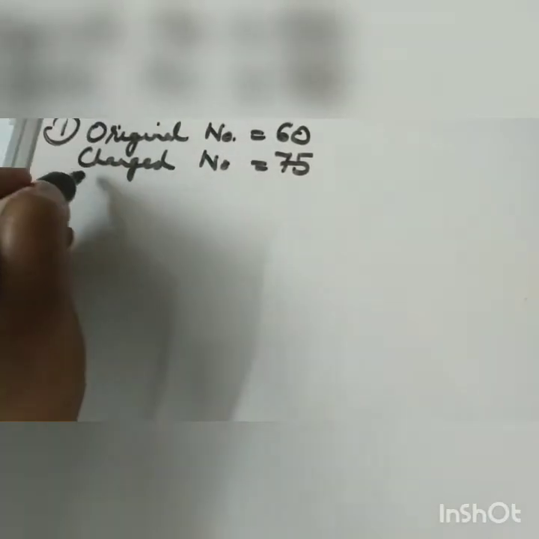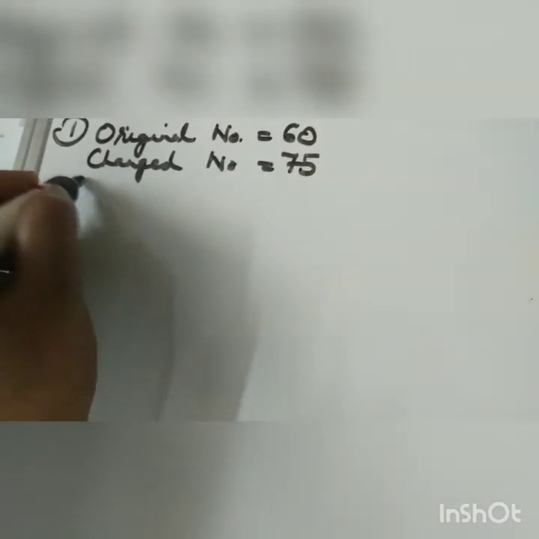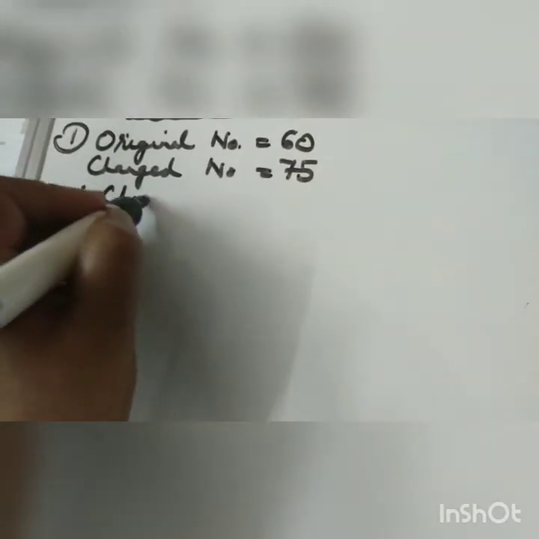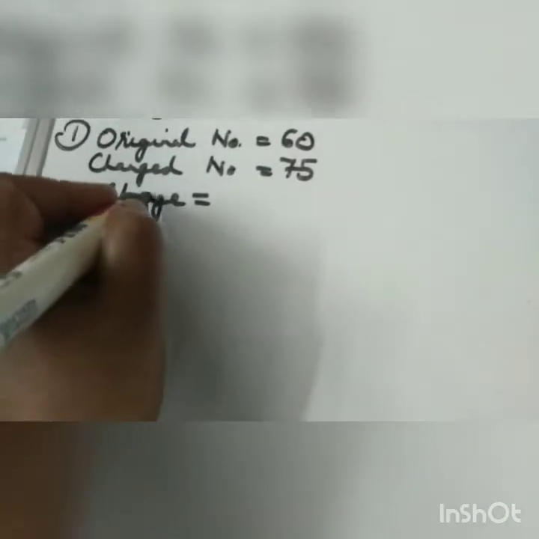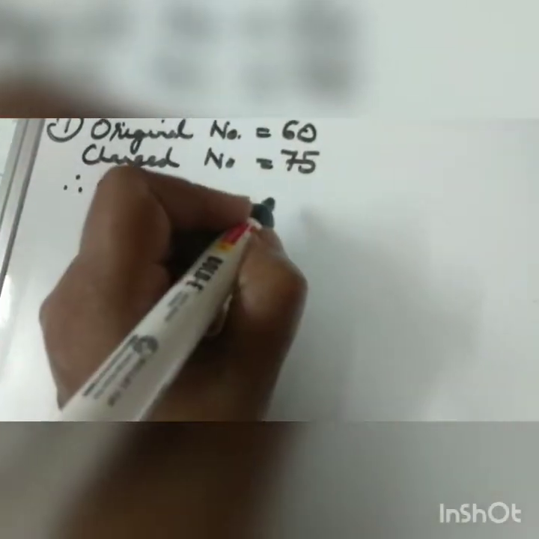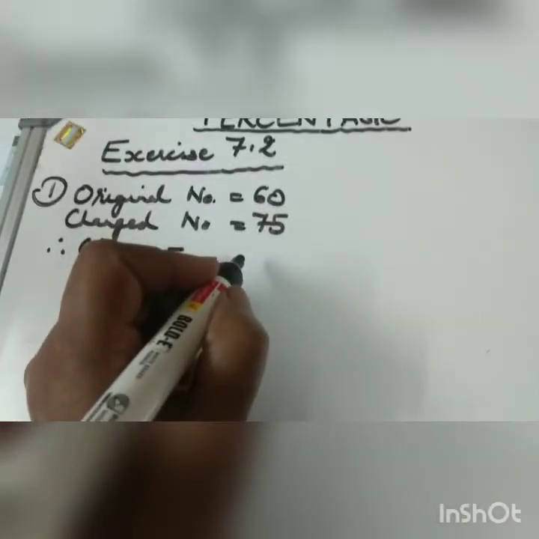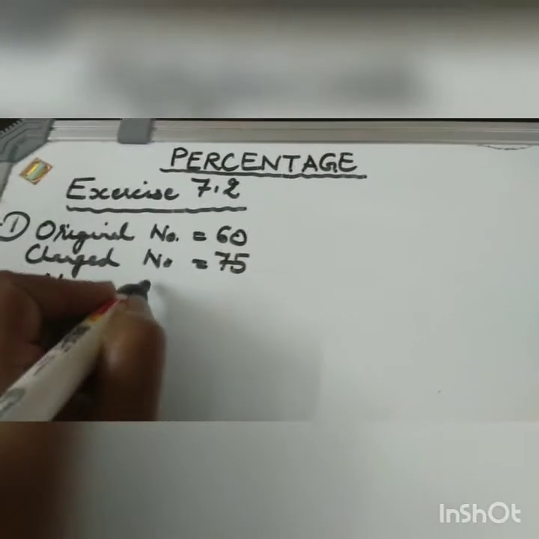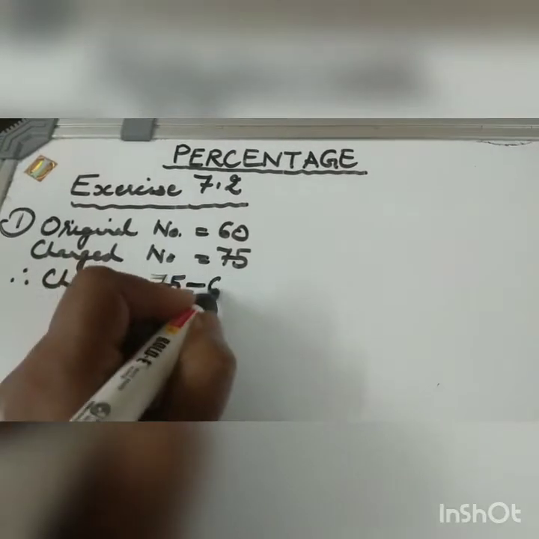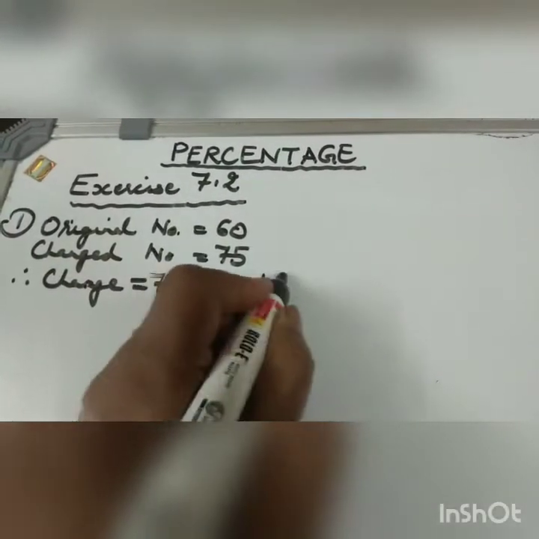How much is the change? Actually it is an increase here. You can see that the number has been increased. But since in the question it is written change, I am also writing change. Otherwise, if you write increase, then also it is not wrong. So, change will be 75 minus 60 equals 15.